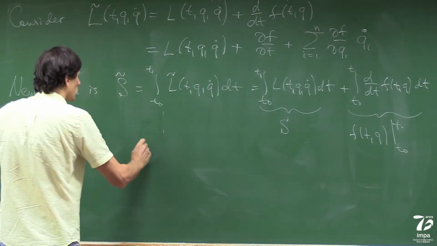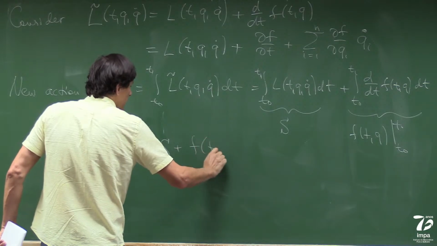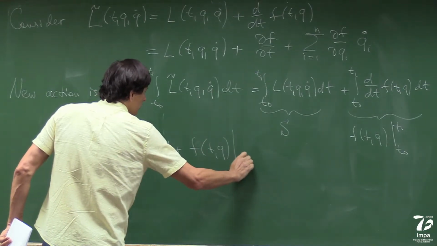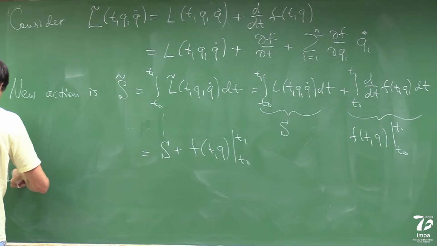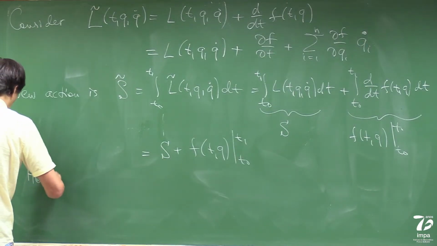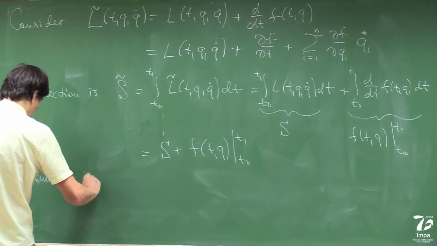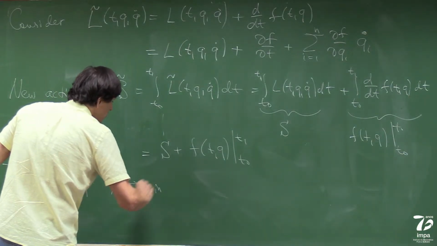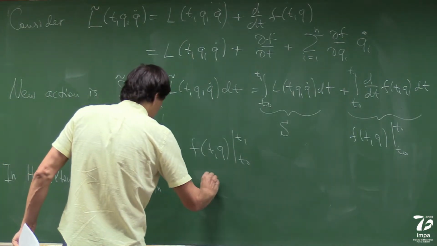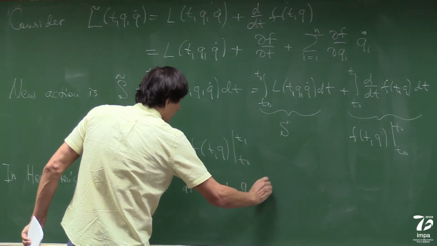So this is equal to S plus f(t,q) between t0 and t1. So in Hamilton's principle, S attains a minimum at fixed ends.